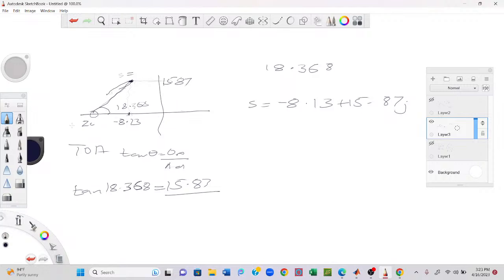So this length here, let's see, minus, the length here will be negative.